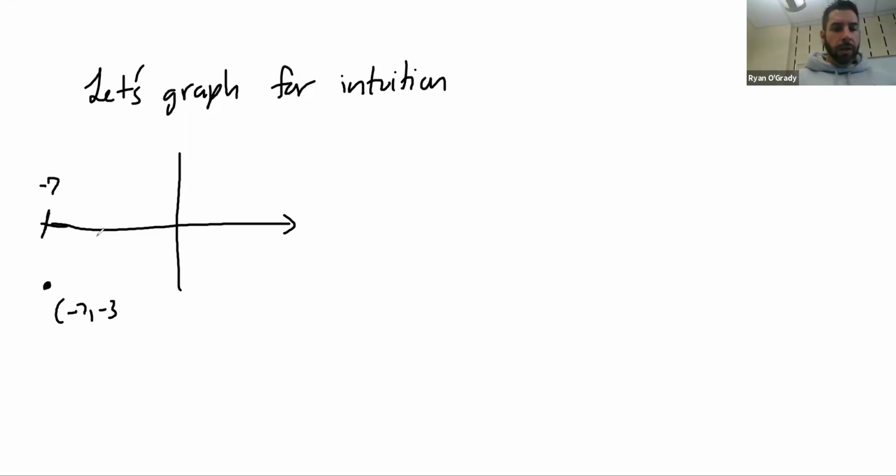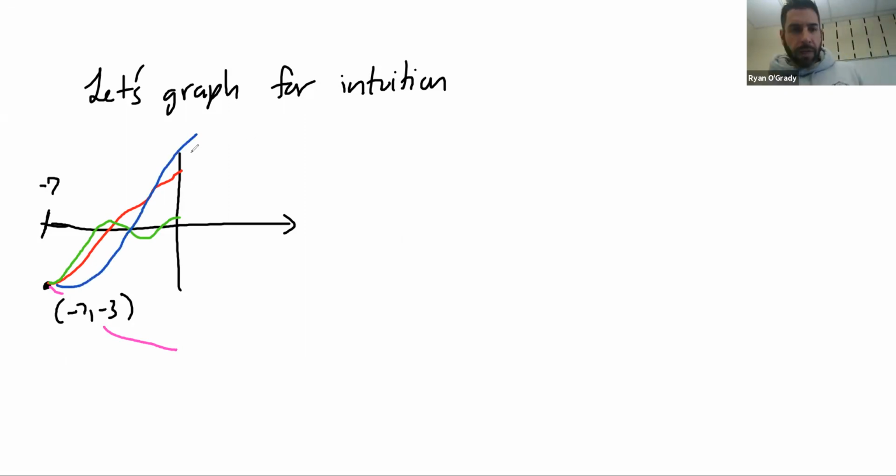What we'd like to know is what is the maximum value we can be at 0. Perhaps it's up here, like this. Maybe it does something like this. Maybe it goes straight down like this. What we're trying to figure out is what is the largest value. So for example, if this is the point 0, what is the largest value we can be?